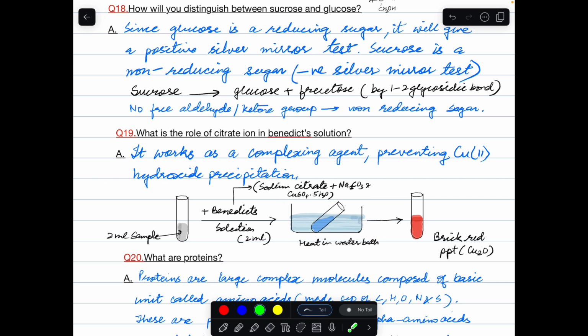These are the three substances present in Benedict solution. So the question is, what is the role of citrate ion? We have sodium citrate, so we have citrate ion in the solution. So what is the role of these citrate ions?